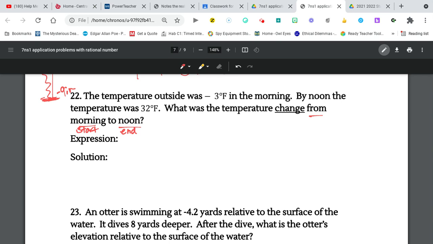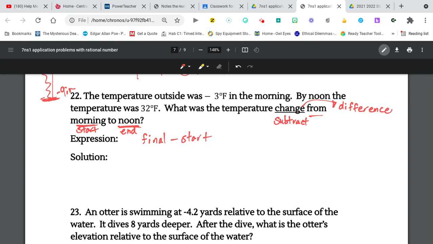It's asking for change. Change is the same as difference, so I'm going to subtract. And this difference is not elementary difference where you just put the higher number first. It has order to it. It tells me where I started and where I ended. Okay? So what was the temperature at noon? Because we're going to subtract the final temp minus the start temp.